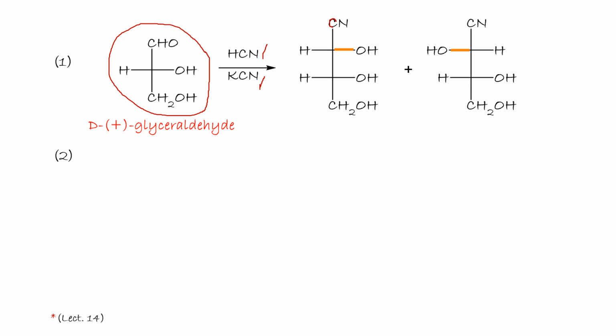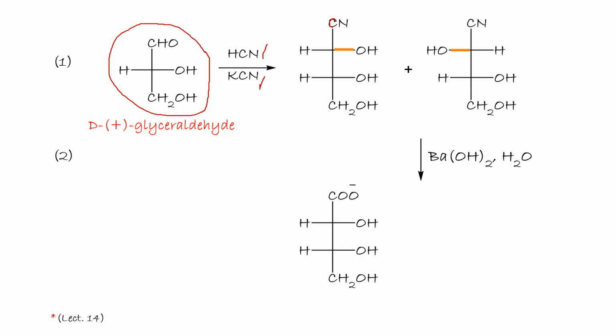So it's a mixture of diastereomers, which we can separate. He mentioned that they are separated. Then when we treat each of them with barium hydroxide, we get the cyanide group hydrolyzed to carboxylate in basic medium.